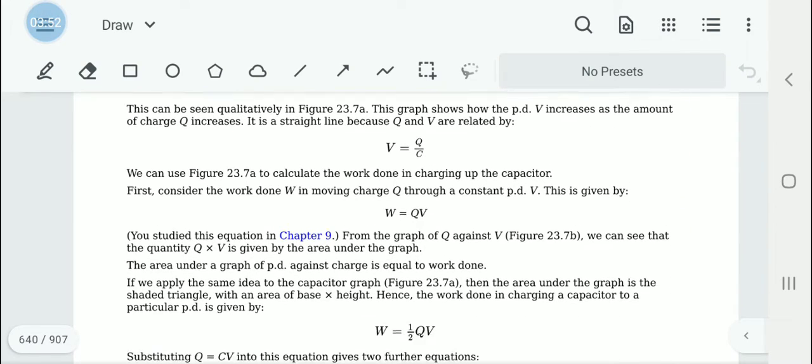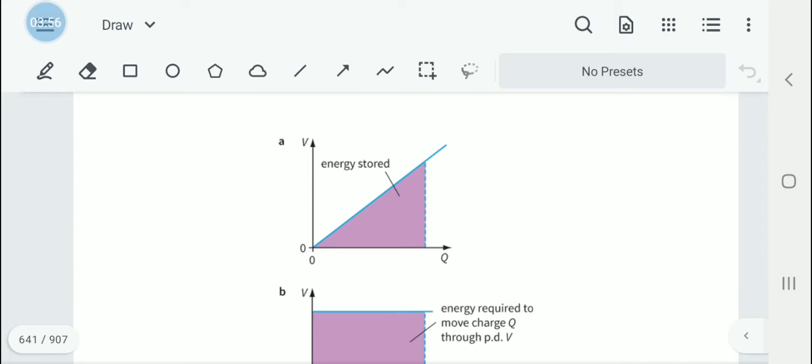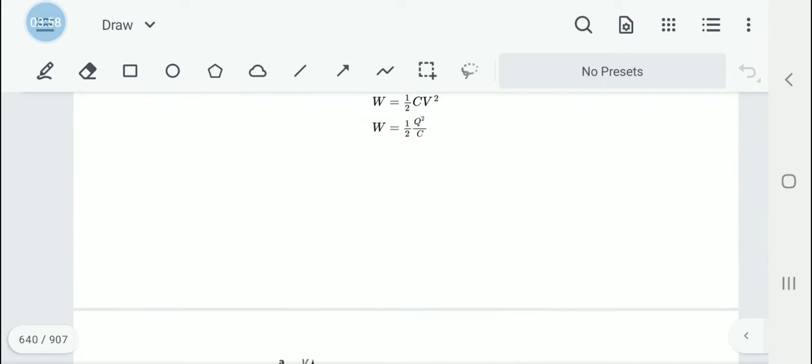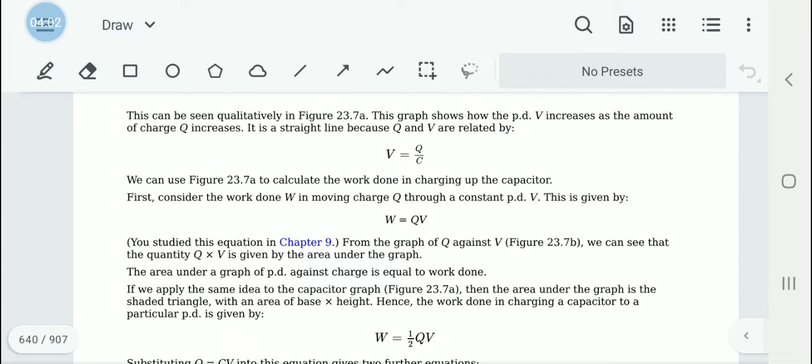Now if we look at graph 23.7a here, we can actually see qualitatively how the potential difference, or voltage, increases as the charge increases.